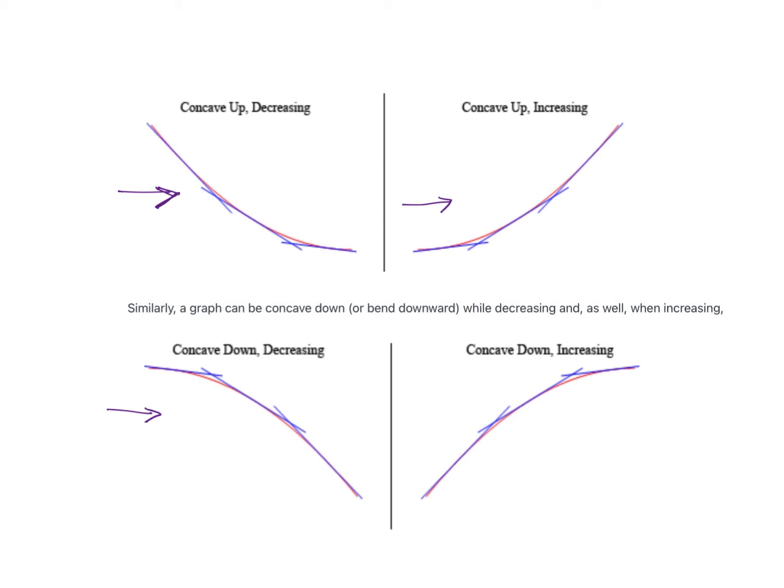And the fourth one, in the lower right-hand corner, is concave down and increasing. Again, concavity is the way the graph bends, and it is separate from whether the graph is increasing or decreasing. You can have concave down and increasing. You can have concave down and decreasing.